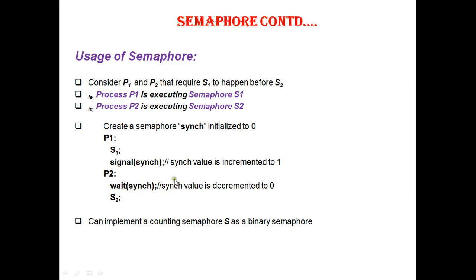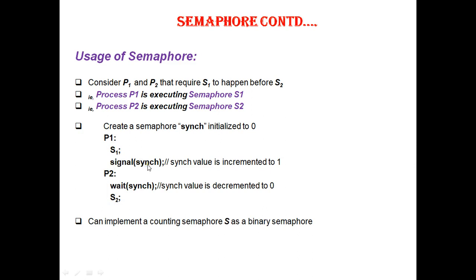This wait synchronization operation will decrement the value to 0 and allow S2 to continue the execution. That is the major indication for process P1 and process P2 to execute their respective statements.